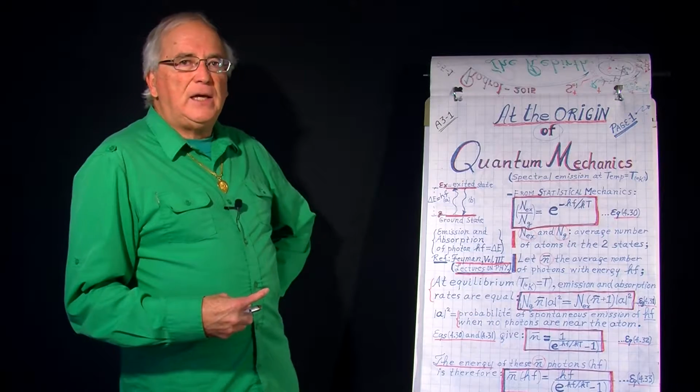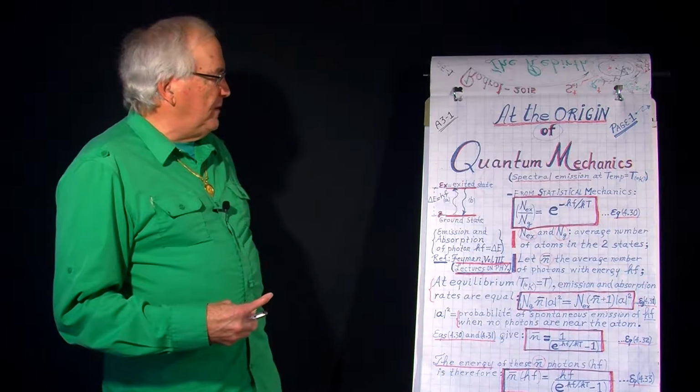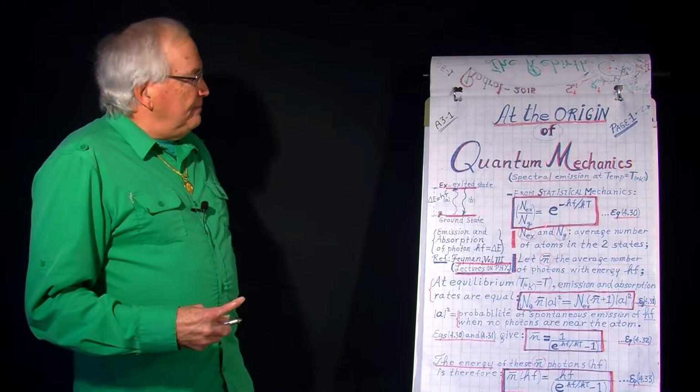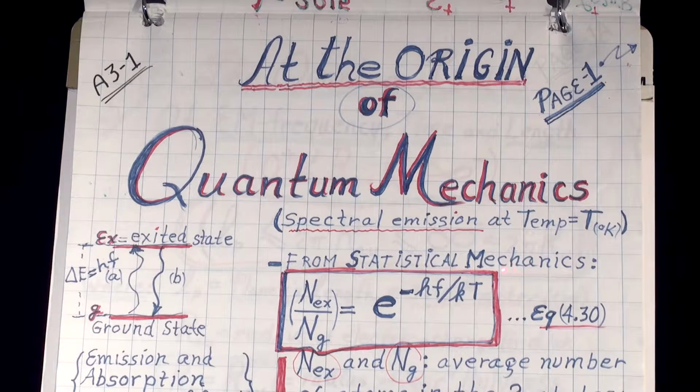So this is really Max Planck, this German physicist, using one equation of statistical physics showing that the number of electrons in the excited state in any atom, you have what we call the ground state, okay, and excited state, okay.